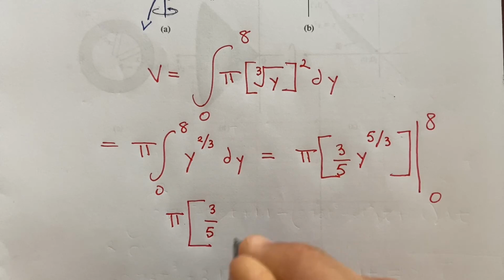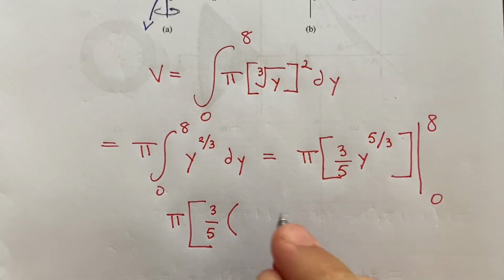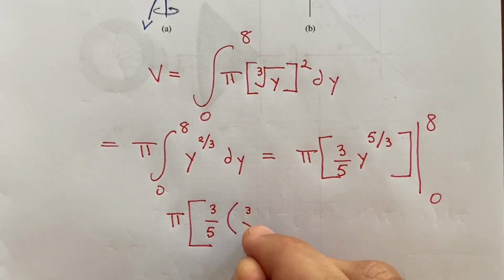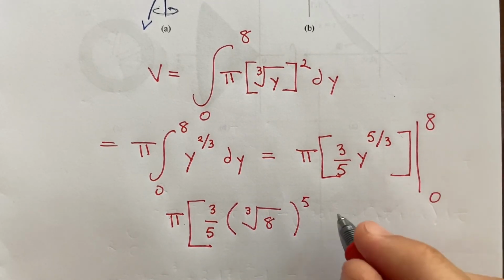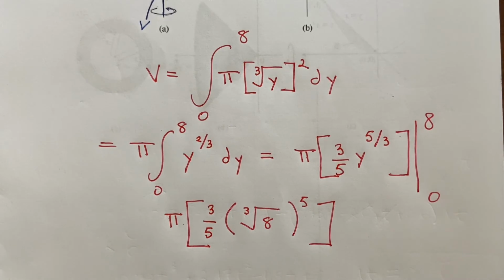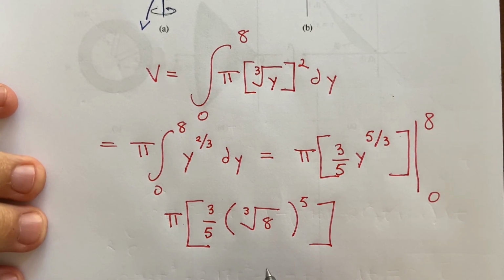So 3/5 times, I guess that would be the cube root of 8, and then raised to the 5th power. So I'll go ahead and leave this in exact form. The cube root of 8 is 2. 2 to the 5th is 32.